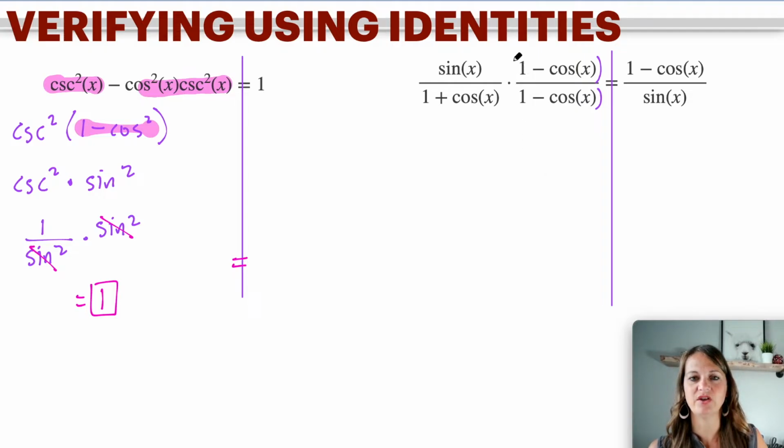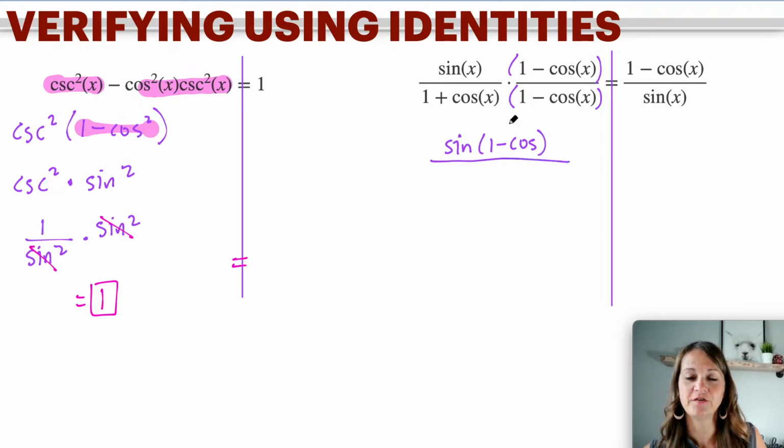Now on this side, I know that your thought is to go ahead and divide by this because they're the same thing on top and bottom. But what they're trying to do is actually give you a hint. If I leave the numerator like it is, but if I FOIL the denominator, I will get 1 minus cosine squared. And that is an identity.